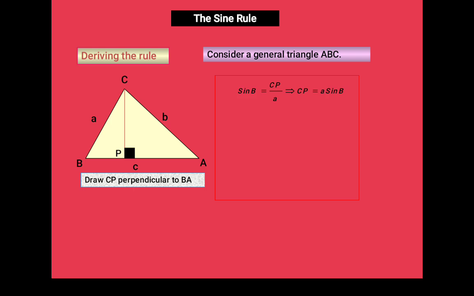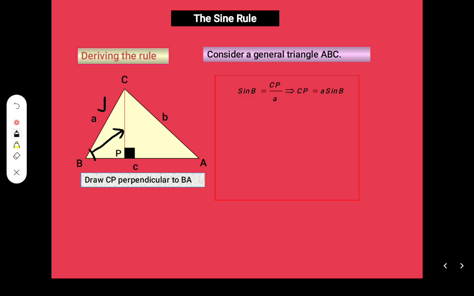So, you would appreciate from SOH-CAH-TOA that the sine of angle B is simply equal to CP, which is the opposite side, divided by A, where A is the hypotenuse.